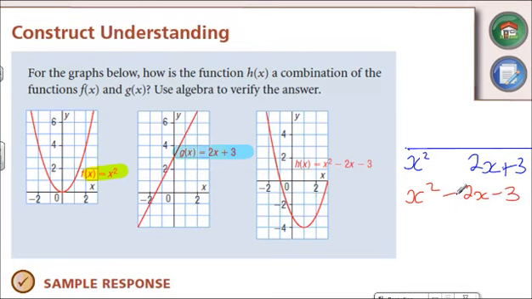What happens if we factor a negative out of these ones here? x squared minus bracket 2x plus 3. Ooh, that's quite interesting. We've now got the x squared from the x squared graph. We've also got the 2x plus 3 from that graph. So this equation here, this graph, was made by subtracting the previous two graphs.